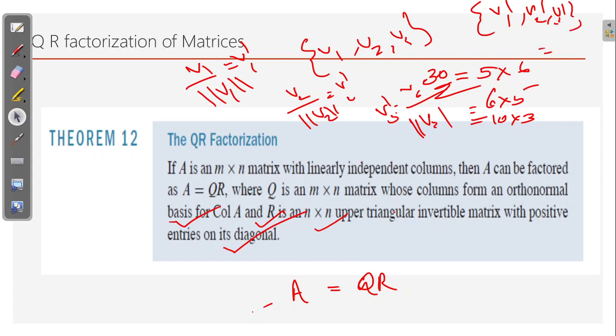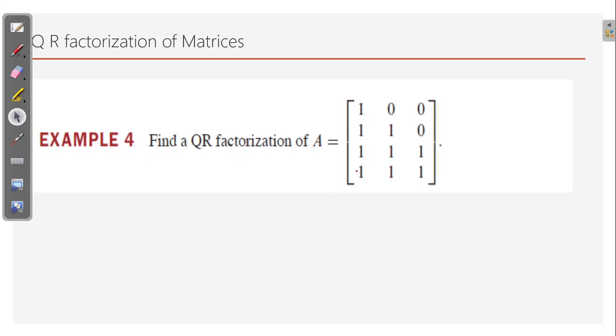Now the peculiarity of this Q matrix is that its columns form the orthonormal basis for the column space A. This is the definition, so we will explain with an example.